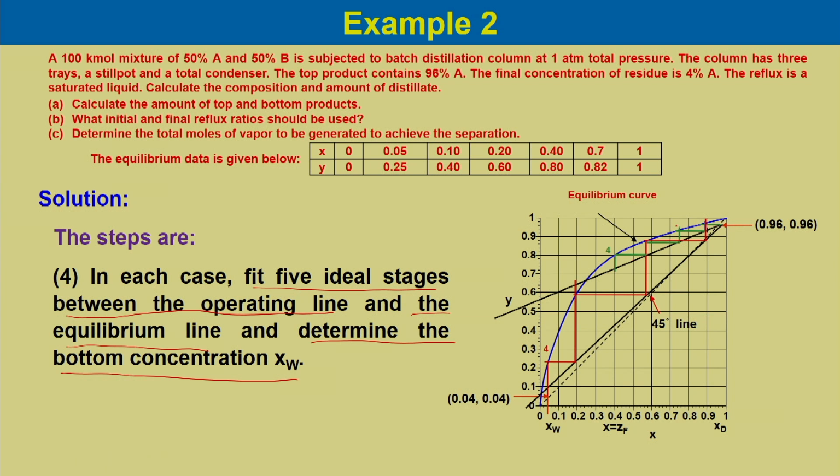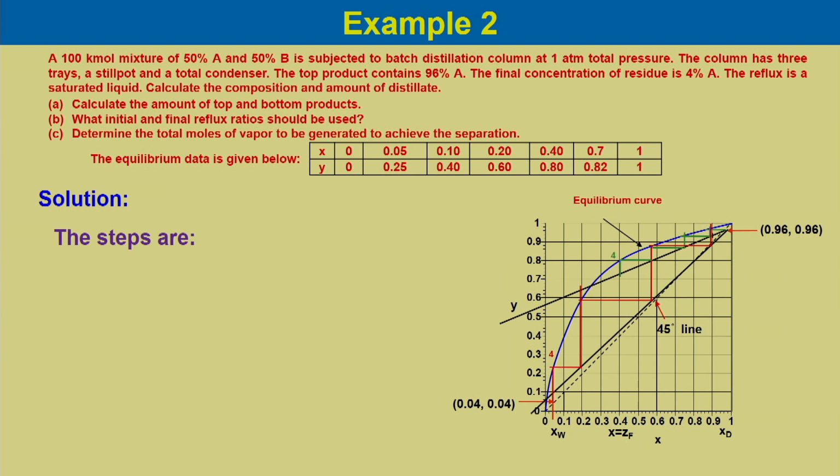A similar method has to be followed to go up to the 5 ideal stages, and then obtain the values on the x axis, the values of xW. So, in each case the bottom composition can be obtained with a different reflux ratio.